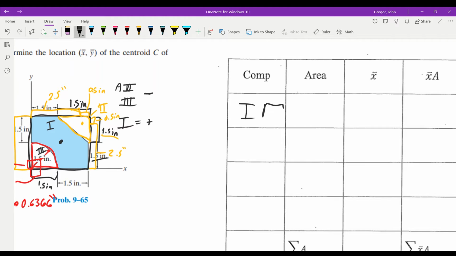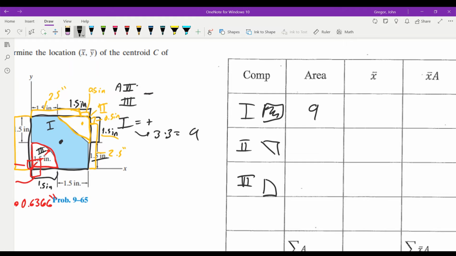Now, we have component 1, which is my square that's filled in. We have component 2, which is my cutout of a triangle, and component 3, which is my cutout of the quarter circle. Like I was saying, the area of the square is going to be positive, just base times height, 3 times 3, which gives us 9.